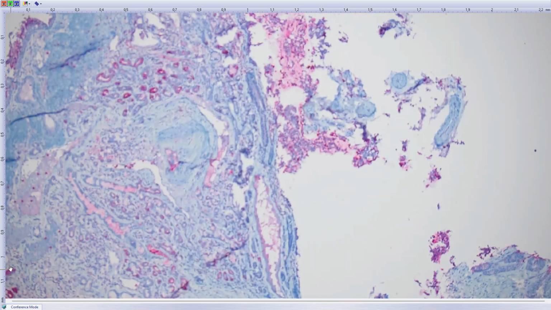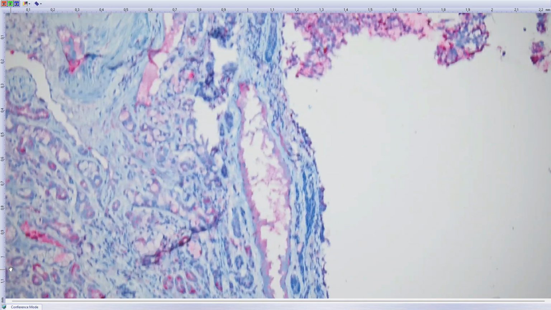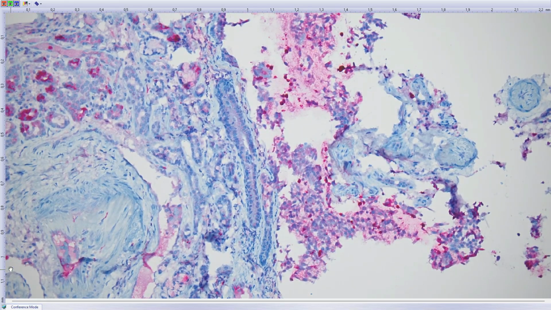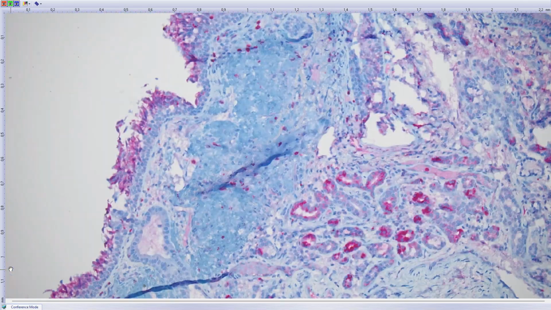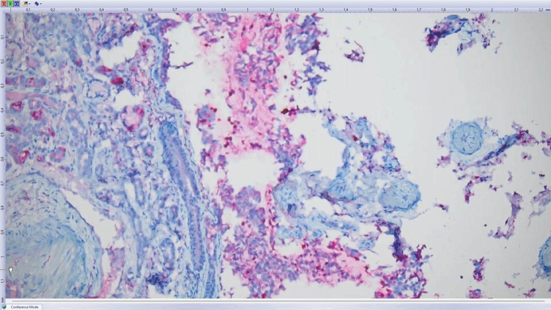But you see that even part of the tumor is lysozyme positive. That is from the transition between seromucinous hamartoma and the tumor here.